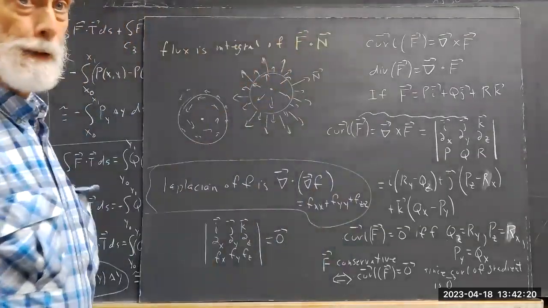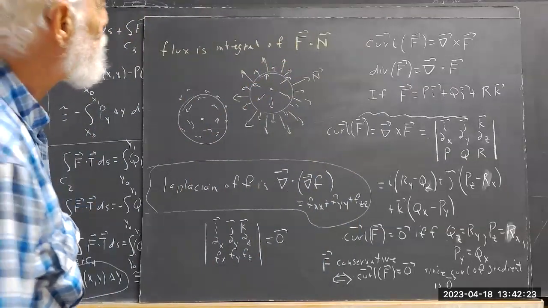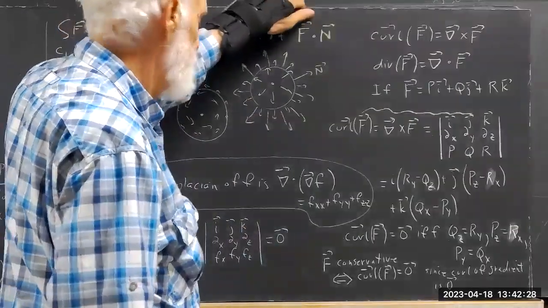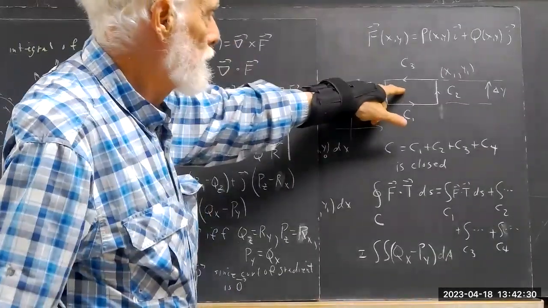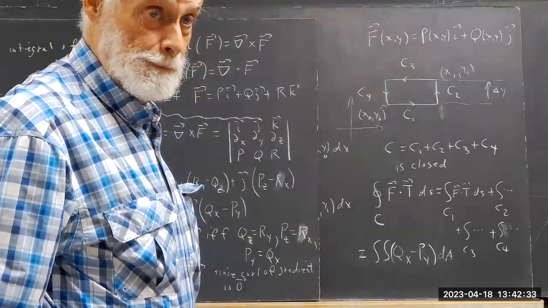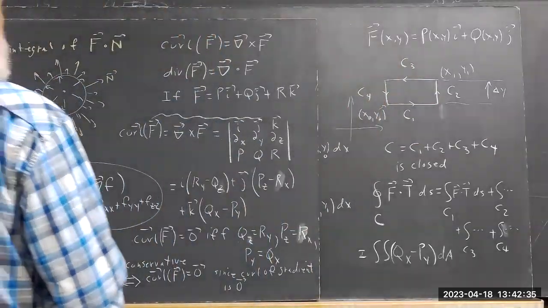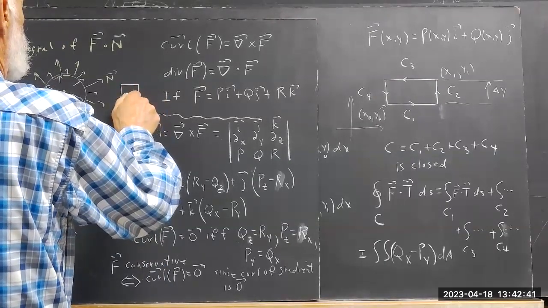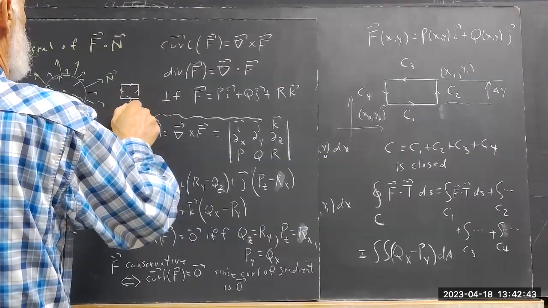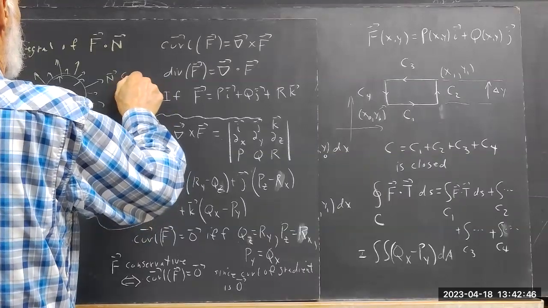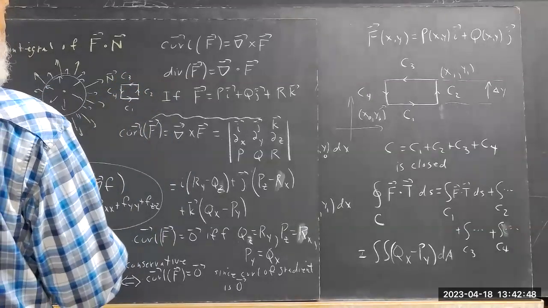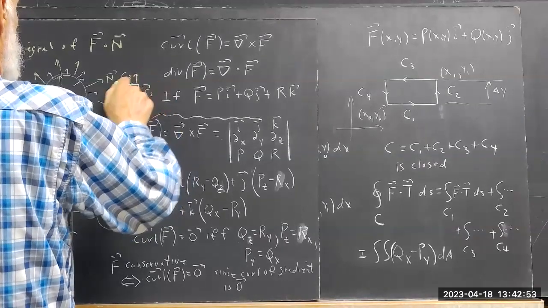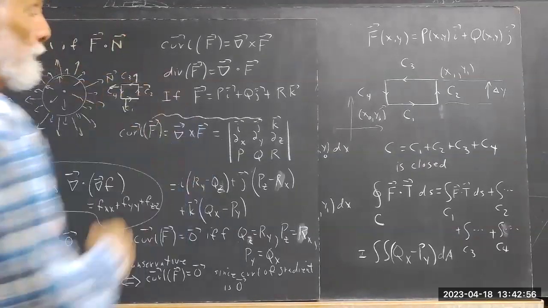The flux is the integral of F dot n. When we did this before, we did the integral of F dot T. We could as well have done the integral of F dot n. I've got a few normal vectors here. They're going to be at every point.